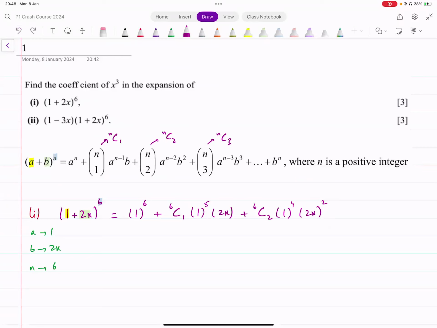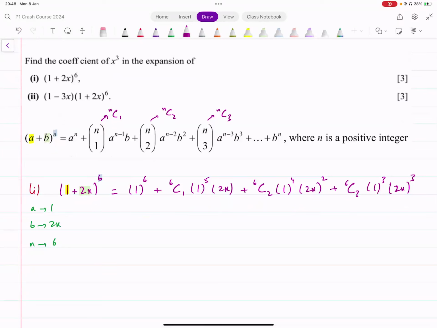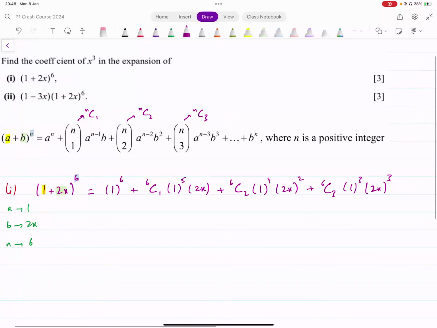So if we just expand one more term, that's 6C3 into 1 raised to power 3 into (2x) whole cube, we get the x cube term here already. That means we do not need to expand this any further. We can just stop at this point and say, that's the term that we were looking for. Just ignore everything else. You do not even need to simplify the rest of it.